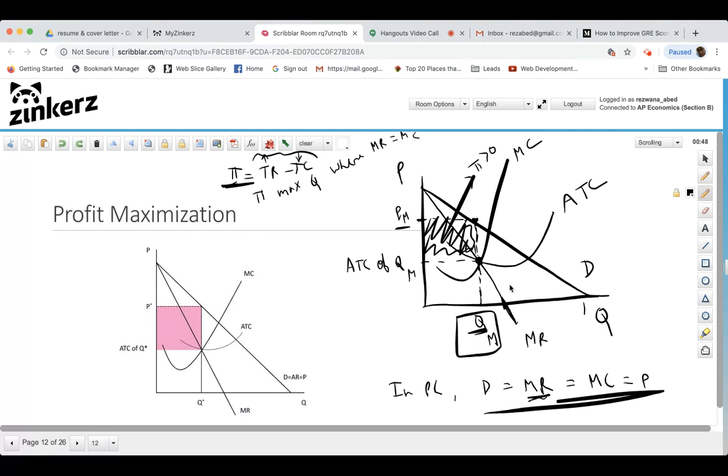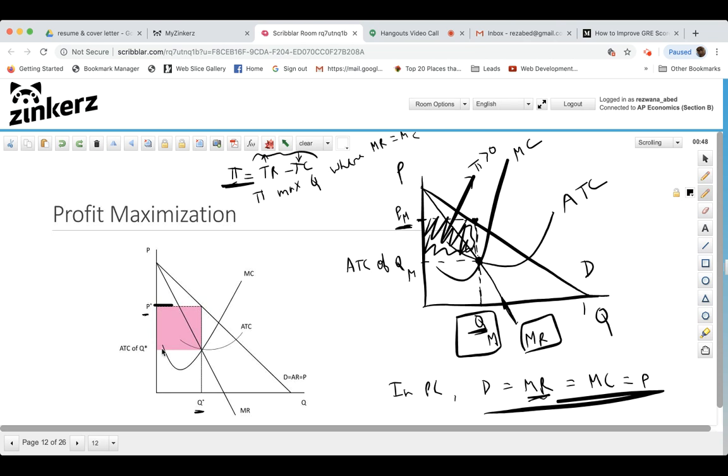And so P is marginal revenue. P is price. So can you just show me with your cursor which one do you mean? Marginal revenue is this one, this line. This P star, I'm sorry that I changed it a little bit. This P star is the same as this PM. So here I wrote PM to remind you that this is the price of monopoly, but the P star and the Q star are the same idea as this PM and this QM.